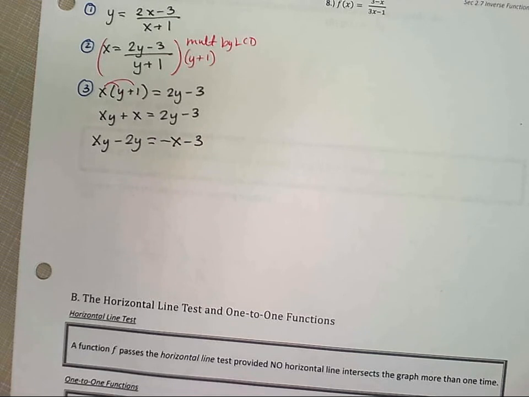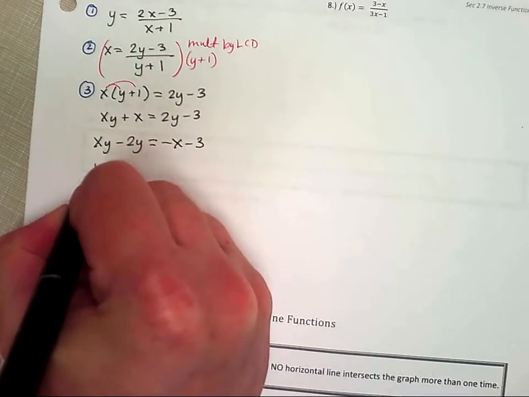What if I factor out a y from the left-hand side? Then I have y times some other stuff, right? So let's do that.